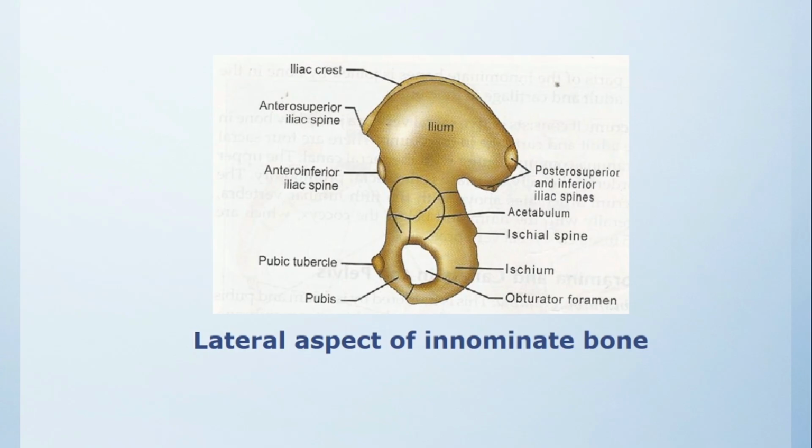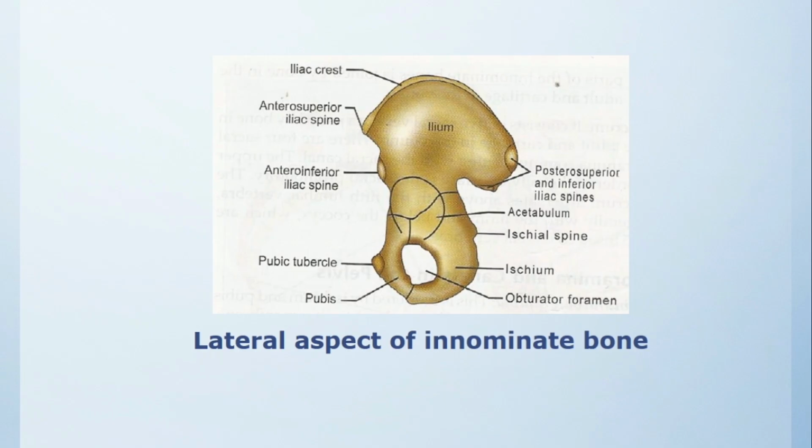This is the innominate bone, and it forms the lateral boundary of the pelvis. It is made up of three separate bones: the ilium, the ischium, and the pubic bone.